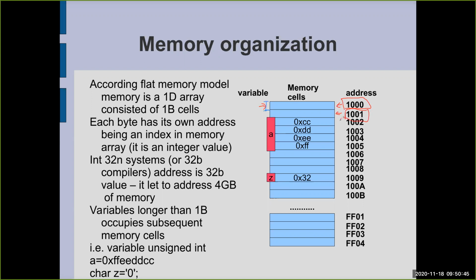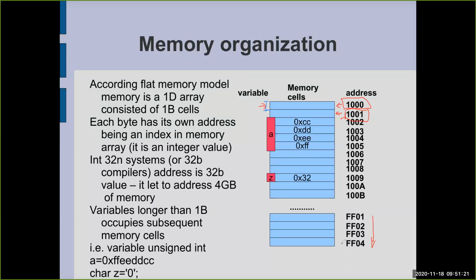Addresses are similar to indices in arrays in C. They start from 0 up to the largest value, which represents the last byte. So the highest address represents the amount of memory we have access to.